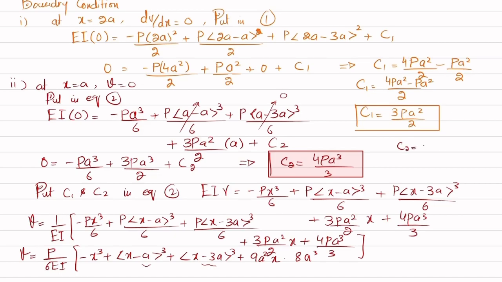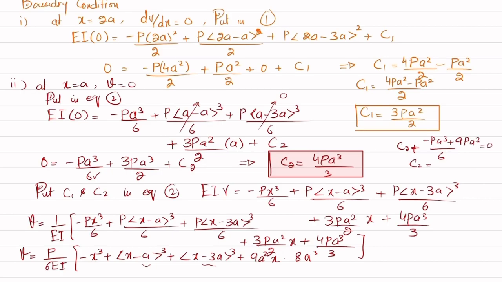And one thing is that this C2, let me check it. C2 will be equal to, when you calculate it, minus 4pa cube over 3. How? Let me check it. You can see that if we take C2 plus LCM, which is 6, so 6 divided by 6 is 1, so minus pa cube plus 6 divided by 2 is 3, 9pa cube is equal to 0.